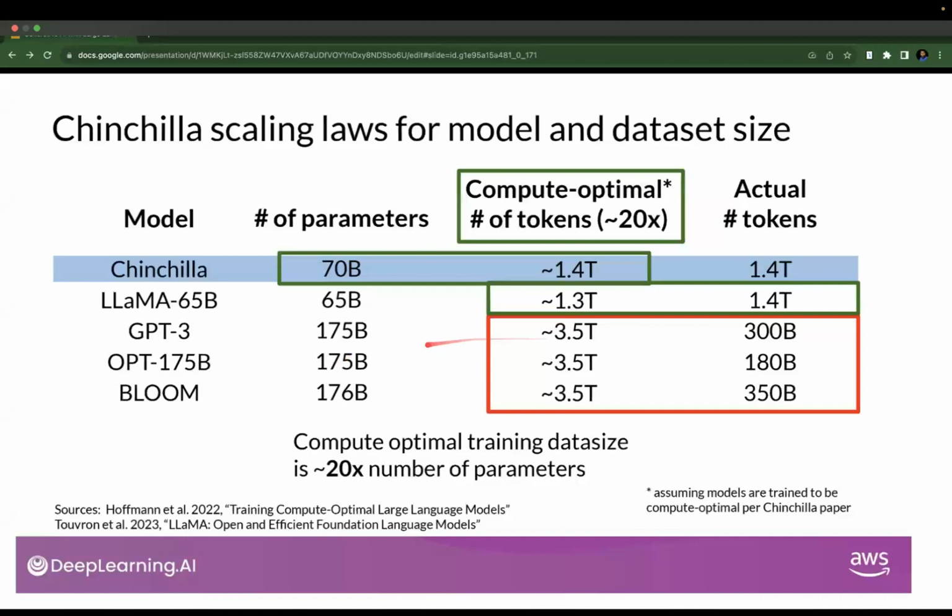In reality, it was trained on just 300 billion tokens. So this is an example of a model which is over-parameterized. It would have benefited if the number of input tokens were increased. Whereas for the Chinchilla model and LLaMA 65B, which has 65 billion parameters, the number of actual tokens is very close to the recommended number of tokens.